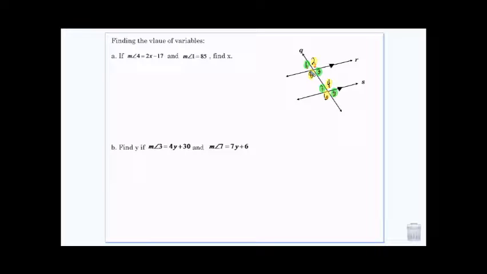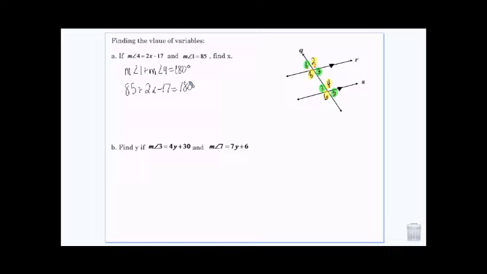So 1 and 4 are 2 different colors, so they're going to add up to 180. So angle 1 is 85 degrees. Angle 4 is 2x minus 17, and that sum equals 180.